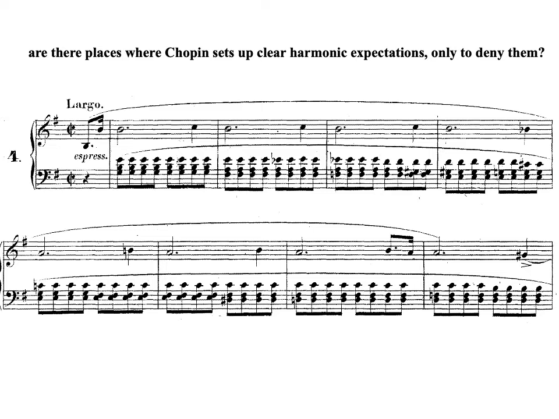But neither chord does that. Instead, both of those chords that really make us expect things deny those expectations and go other places. That's what happens in the first line.